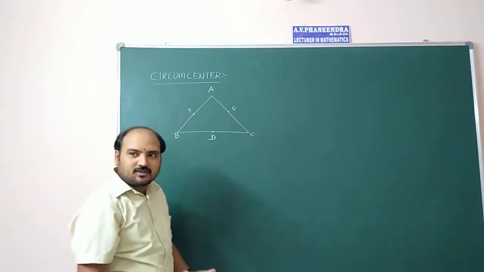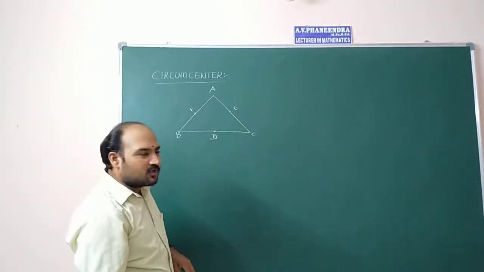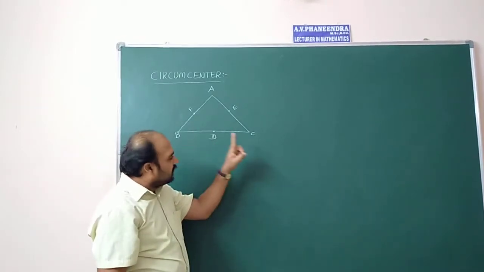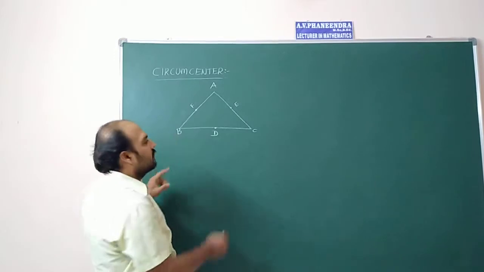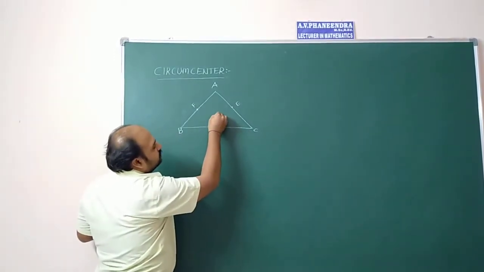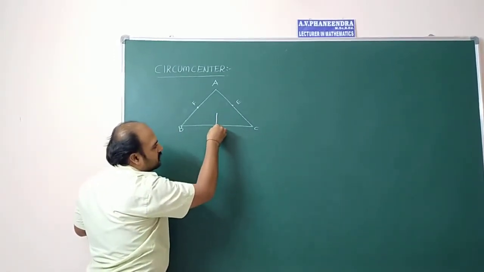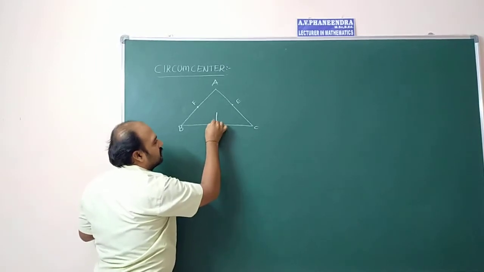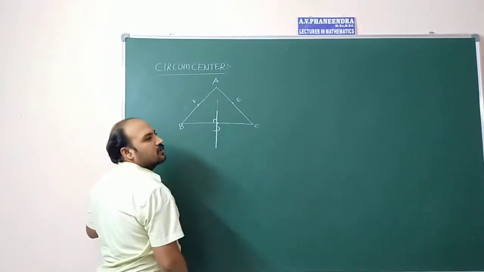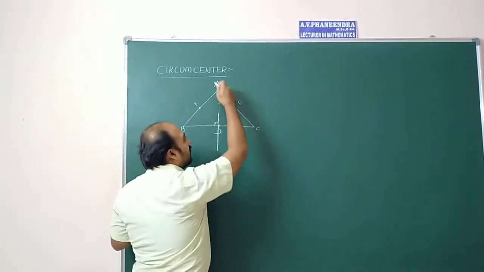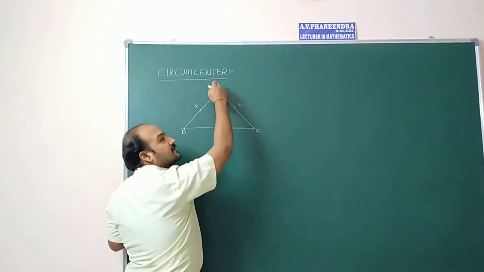Perpendicular bisector means the line which is passing through the midpoint of the side and opposite the vertex. So this is called perpendicular bisector. Next, perpendicular bisector of side AC.